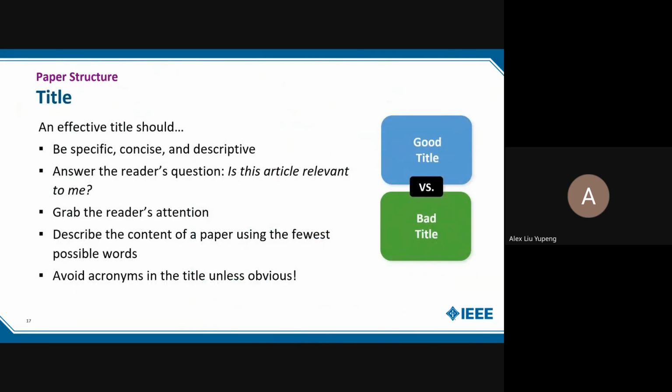So for example, if you look at what's needed in the title, it's very simple. You read the papers published in IEEE journals, and you ask yourself, what has the author written? If I were the author, would I use the same title? Would I choose a different title? Why do I think the author does not have a good title?